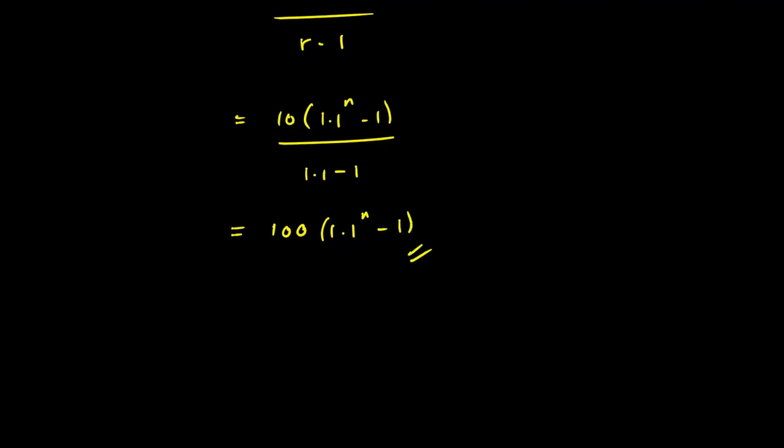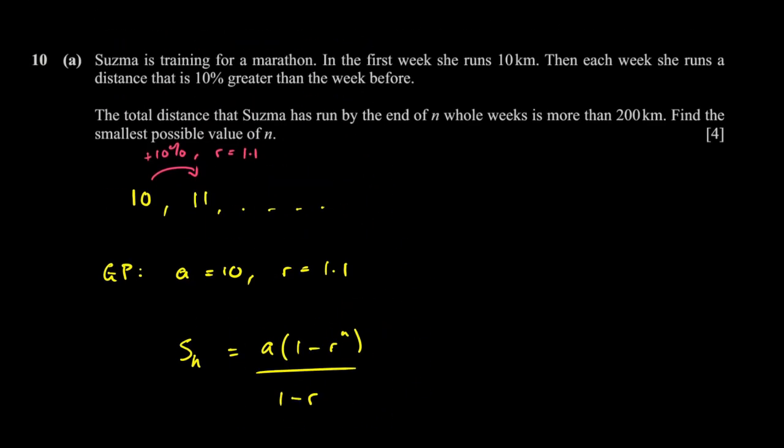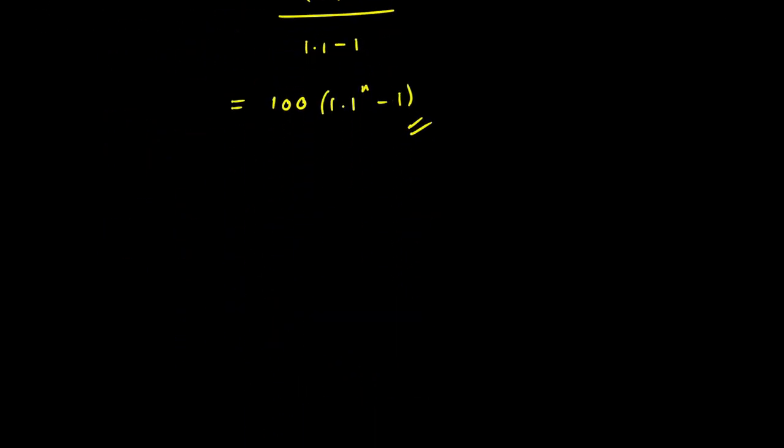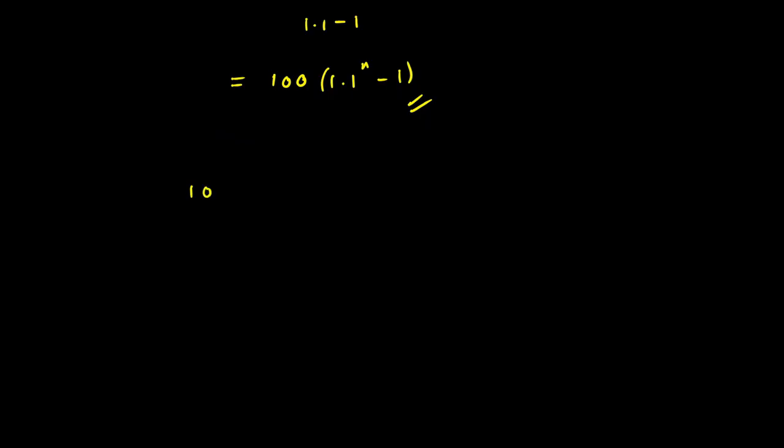So we want to find out where this thing is greater than 200 kilometers. So that's the same thing as 1.1 to the power n minus 1 is greater than 2. The same thing as 1.1 to the power n is greater than 3.